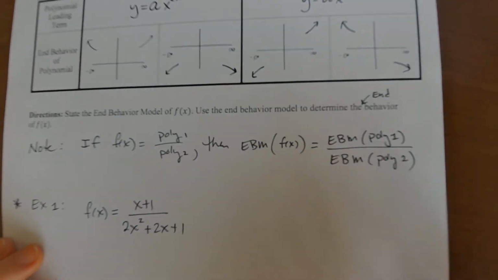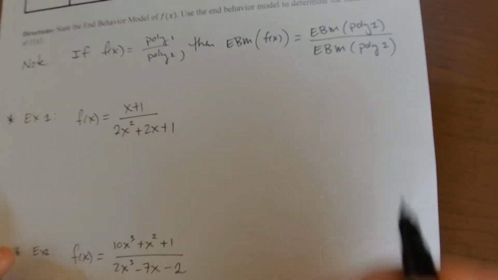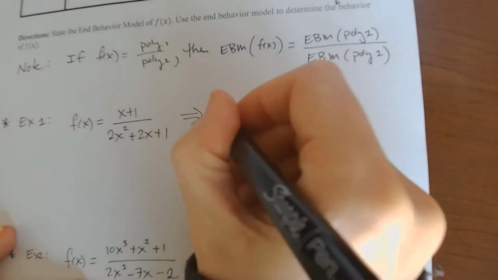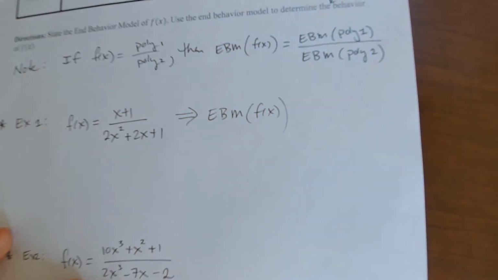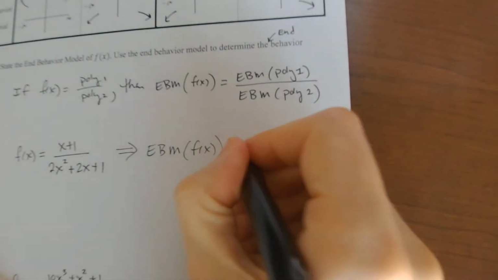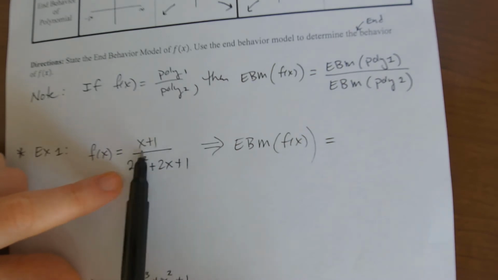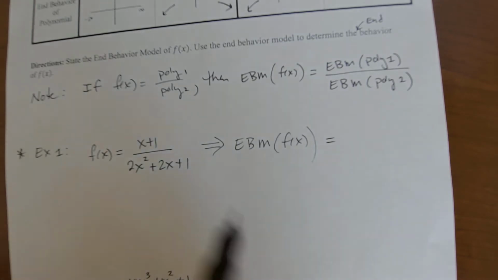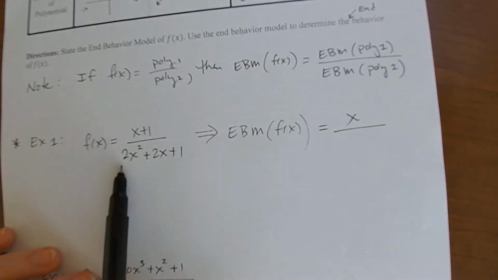All right, so let's find the end behavior model of this. The end behavior model of f of x is equal to, for the top, you just take the leading term, which is the one with the highest exponent. The highest exponent term up top is x, divided by the end behavior model of the polynomial on the bottom.